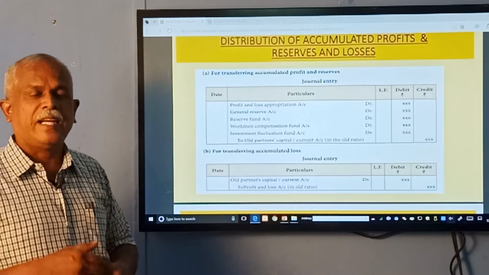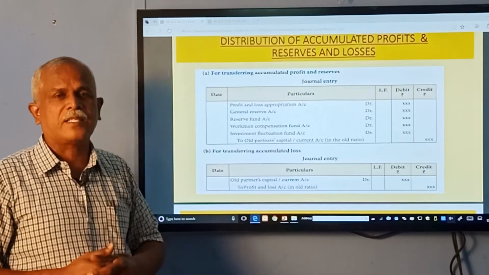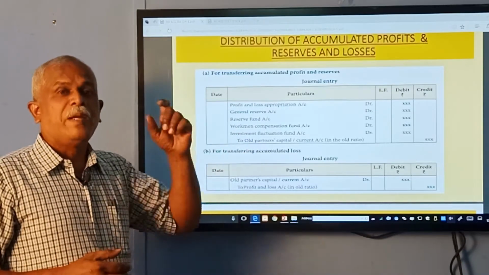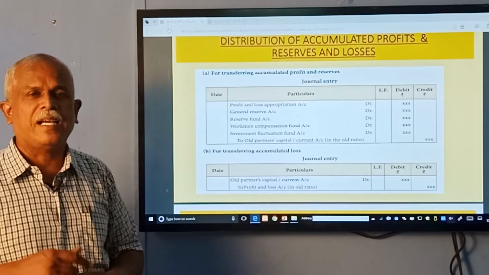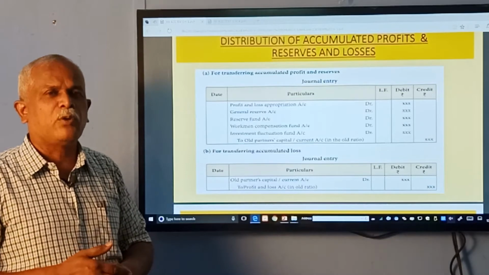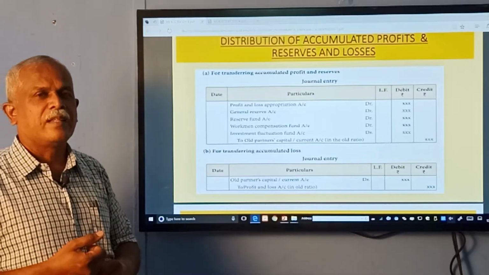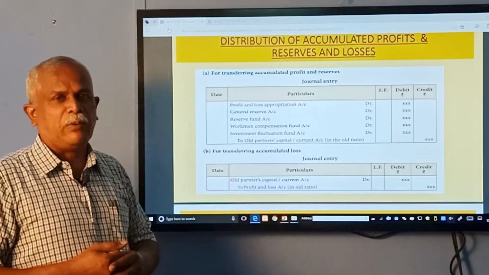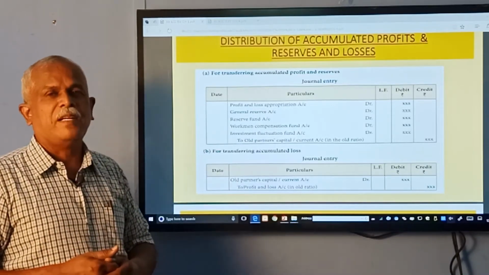Investment fluctuation fund is a separate fund created from the profit, or appropriated from the profit and loss account or net profit, to meet any shortcomings while selling or realizing the investments. If the market value falls and the expected value is not reached, then we say we are losing investment value. To compensate that, we have a separate fund, the investment fluctuation fund.